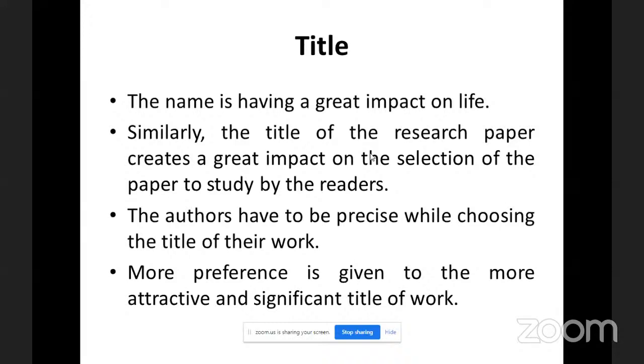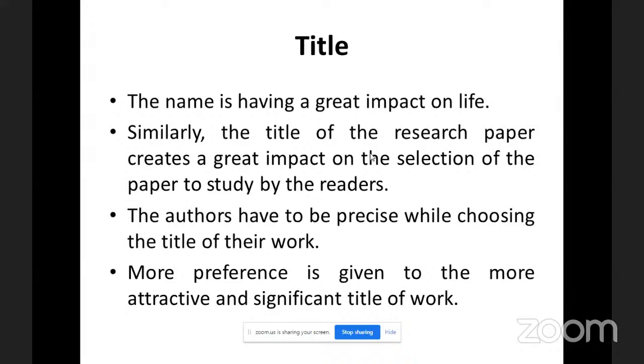Because on the internet there are thousands of journals, and each journal publishes more than 100 or 200 papers every year. Then how do you find a paper which is most suitable for you? You don't have time to read each and every paper, correct?